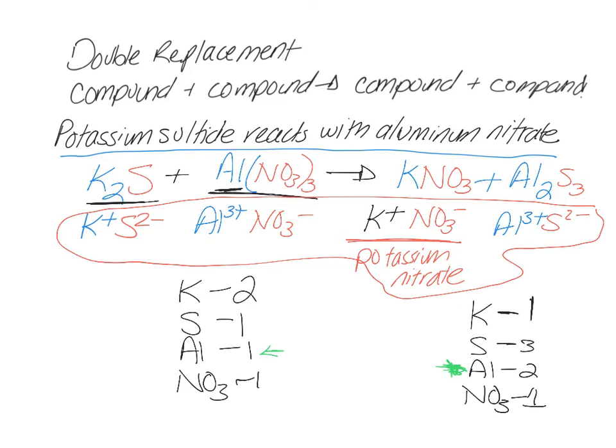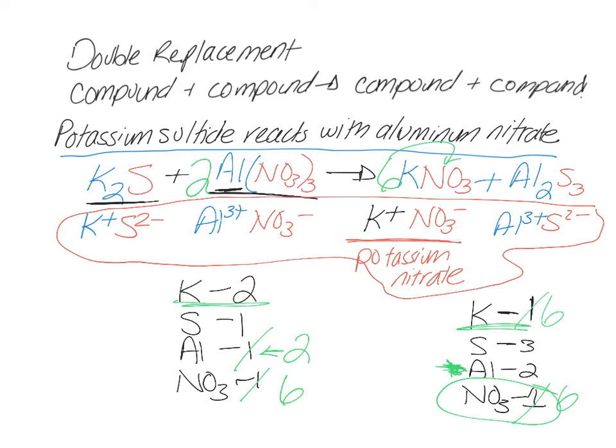So I'm going to put a 2 in front of here to make this 2, but this also changes this to 6. Okay? And then in order to make this be 6, I'm going to put a 6 in front of here, right? Because then this makes 6 NO3 groups. But it also changes this to 6.